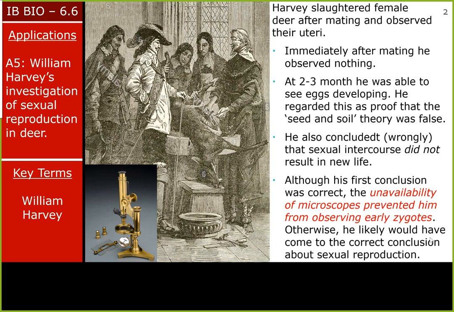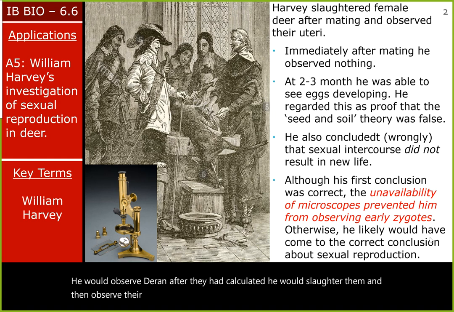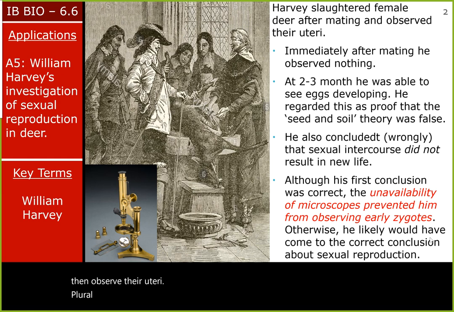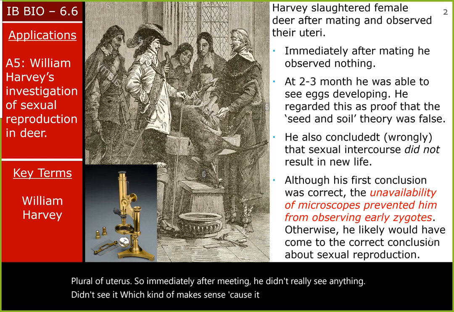So he would observe deer, and after they had copulated, he would slaughter them and then observe their uteri, plural of uterus. So immediately after mating, he didn't really see anything, which kind of makes sense because it takes time for things to happen, right?